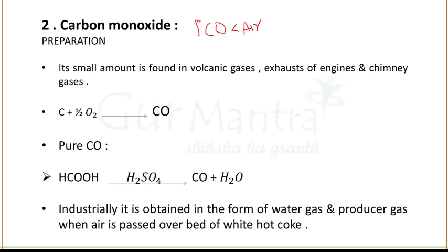It is toxic to animals that use hemoglobin as an oxygen carrier, in both invertebrates and vertebrates. Talking about the occurrence of carbon monoxide, a small amount is found in volcanic gases, exhaust of engines, and chimney gases.